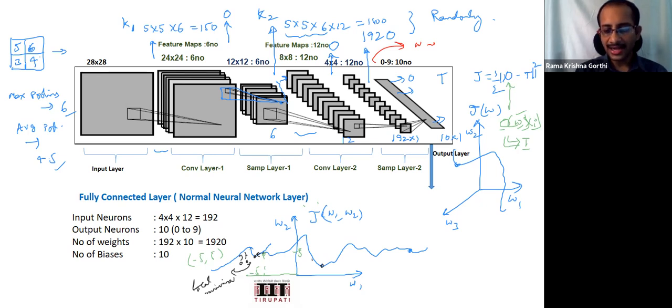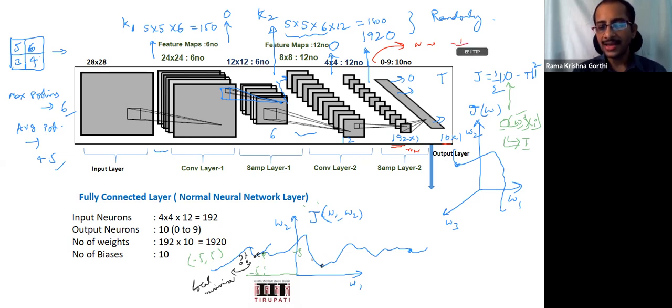Here there are 192 neurons and here there are 10. What was the initialization procedure for the weights? None of you remember? We use the number of input neurons. If there are NH neurons here, how did we initialize?